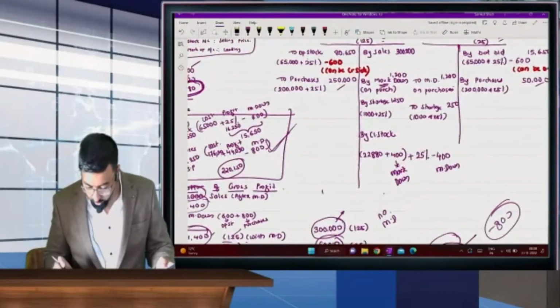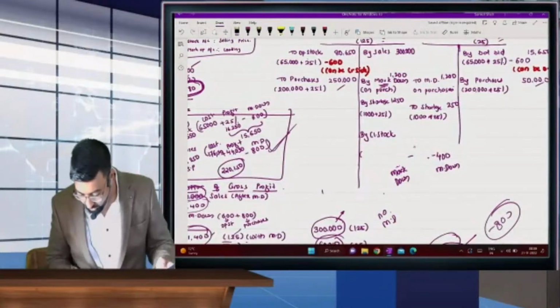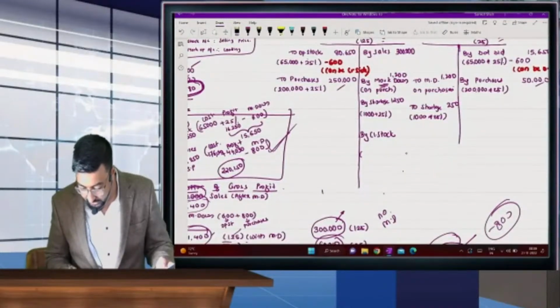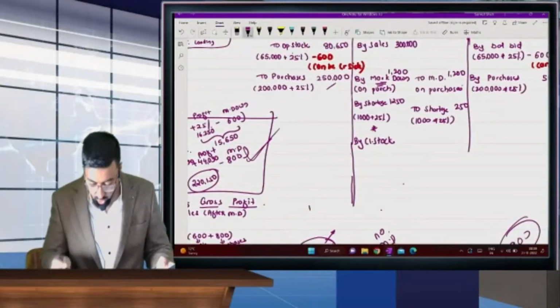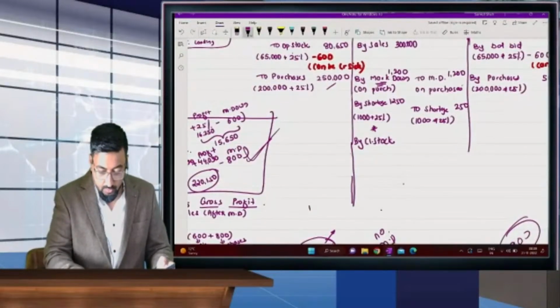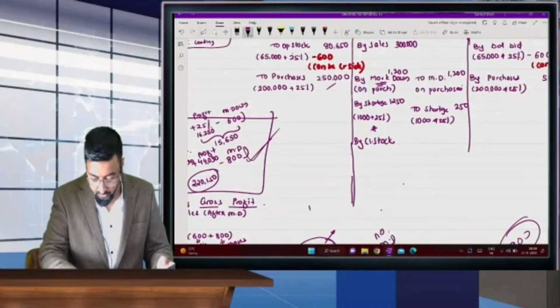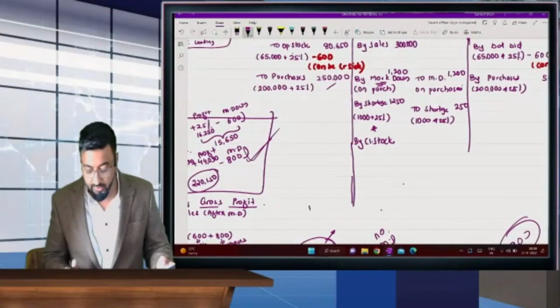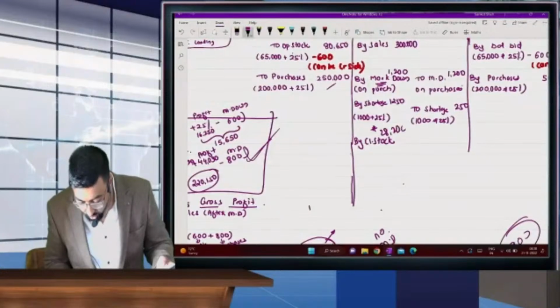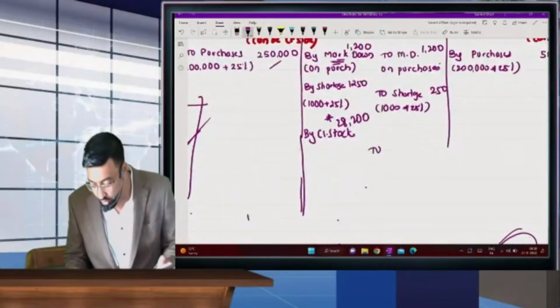No, beta, here you have to consider X na. By closing stock, don't do this calculation. Directly you can take the balancing figure. By closing stock, directly you can take the balancing figure. 80,650. हाँ 500 का इफेक्ट आएगा उसमें. Plus 2,50,000 minus 3 lakhs minus 1,200 minus 1,250. You can take it directly, balancing figure 28,200.